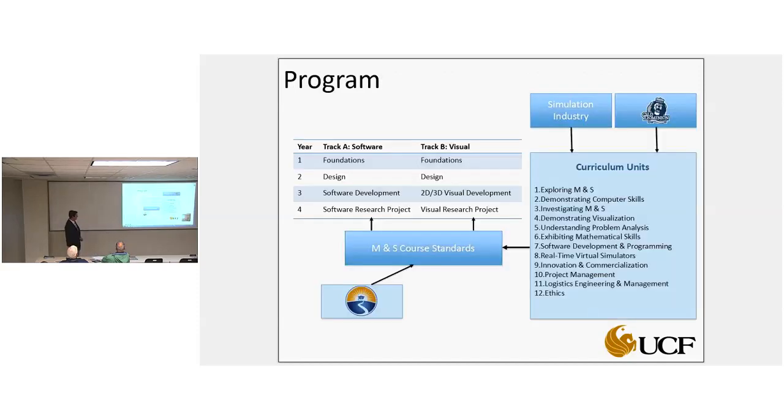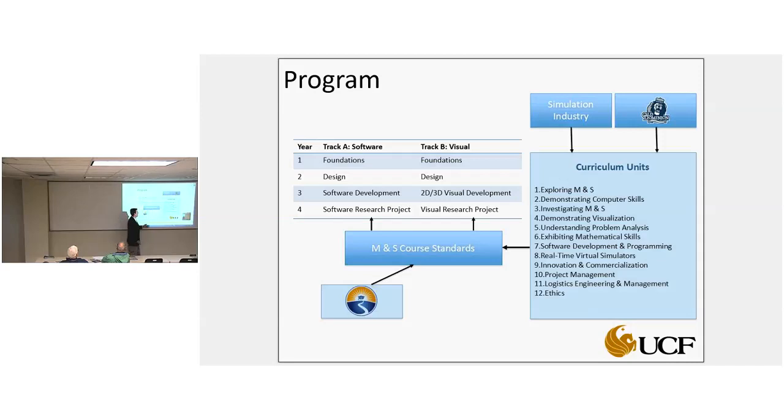And it looked like this. We have 2 tracks, which I'll talk about a little bit later, but we took industry, we took the Old Dominion curriculum and developed 12 units, and this is all available online. You can see all 12 units and what makes up each unit, and the 12 units are introductory stuff. You can see math, understanding math. I'm not going to read all these to you.